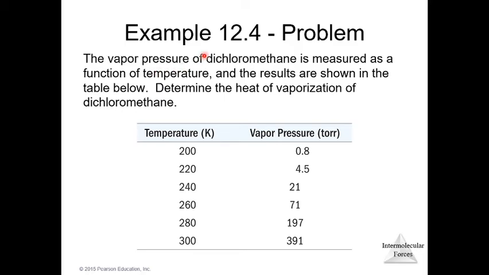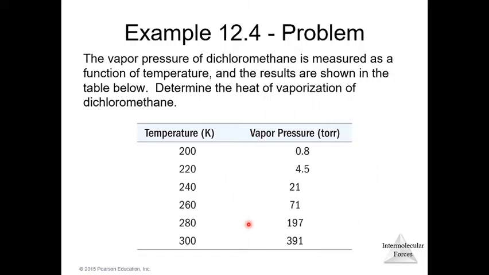So in this example, I've got dichloromethane, which is a liquid, and I've got data for it. When my dichloromethane is at these temperatures, it has these vapor pressures, and I've got instruments that can do this. I'm going to take this temperature and pressure data and calculate my heat of vaporization for my dichloromethane. Remember, this only works in a closed container.